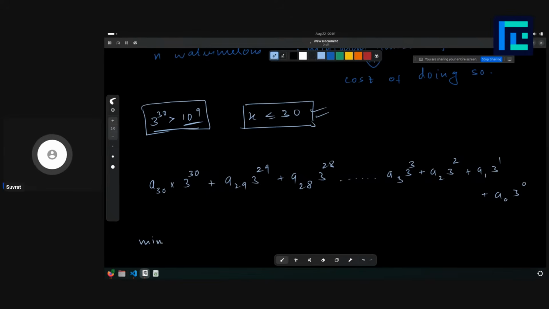And we need to minimize a30 plus a29 plus a28, and so on till a0.